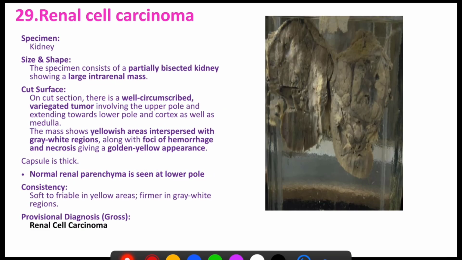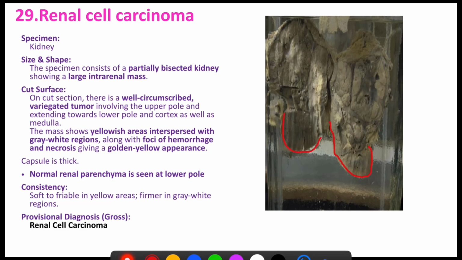This is again a tumor, a malignant tumor of kidney. So first of all you have to identify which organ this is. With the help of the appearance of the lower pole, you can identify with the help of pyramidal and cortex area. This is normal part of kidney.